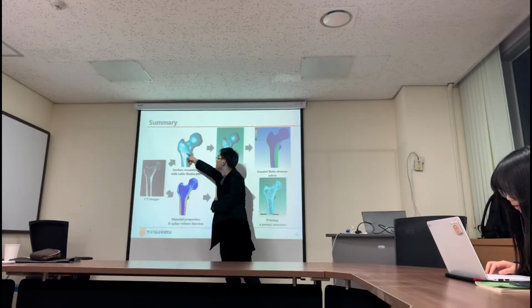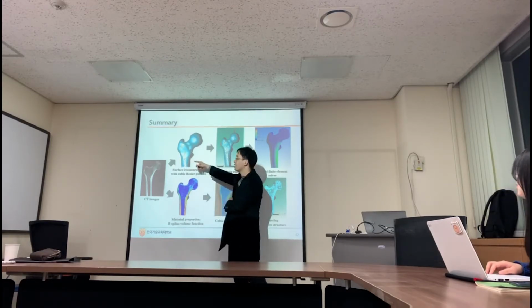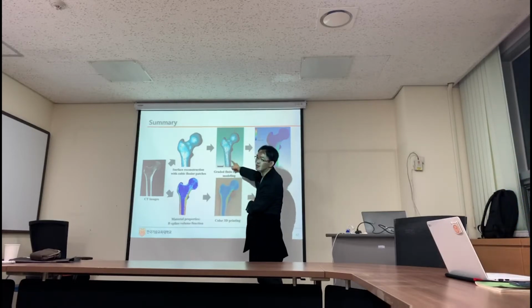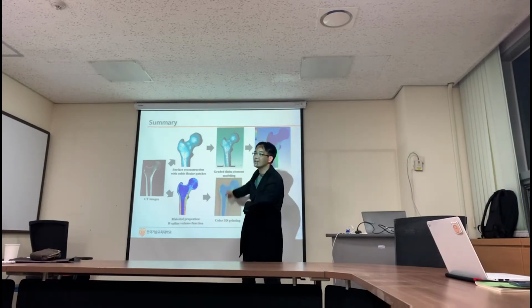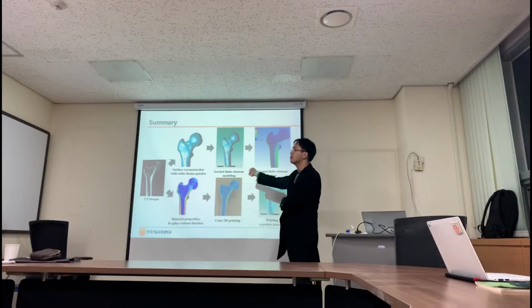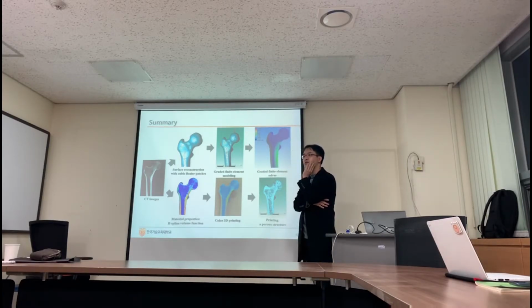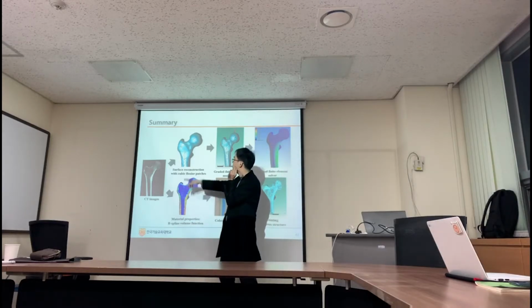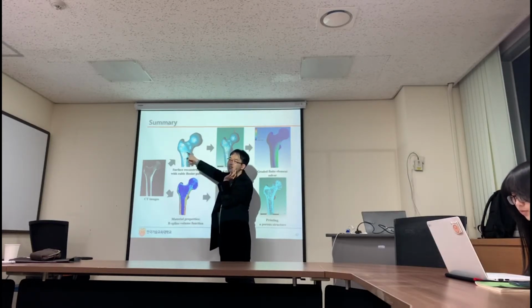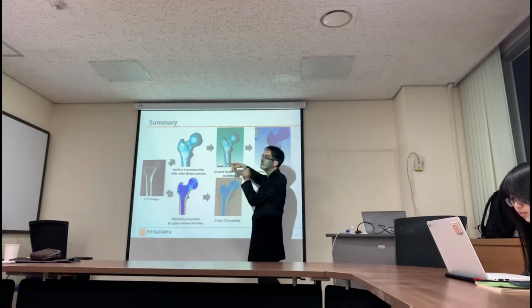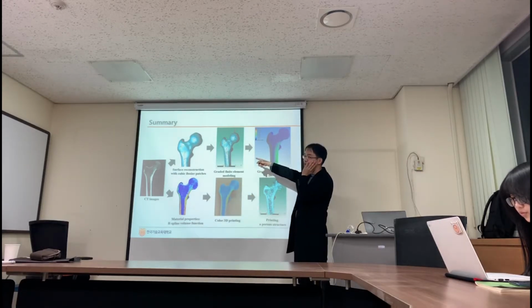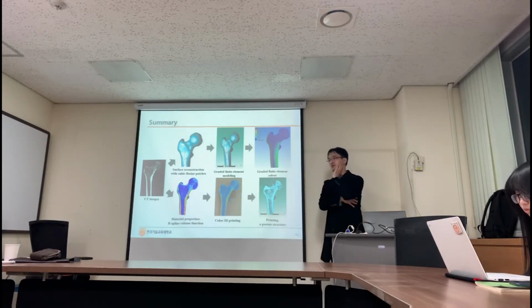This is a surface mesh, and this is the finite element mesh, the volume mesh, the tetrahedral elements. So they are different. This is a triangle, and this is the tetrahedral solid mesh.